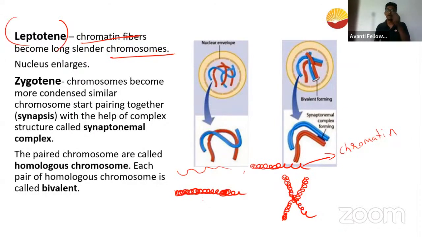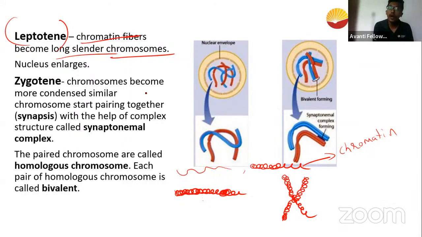Got it? In the leptotene stage, what is happening? Prophase 1 is all about condensation of the genetic material, like in mitosis. By the end of the condensation, the chromatin fibers have been formed, and these are organized into long, slender chromosome-like structures. Remember this: long, slender chromosome-like structures.